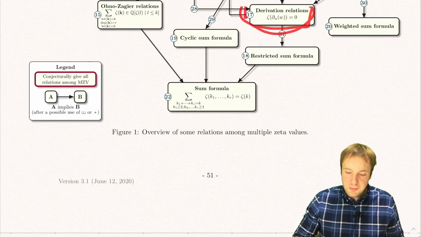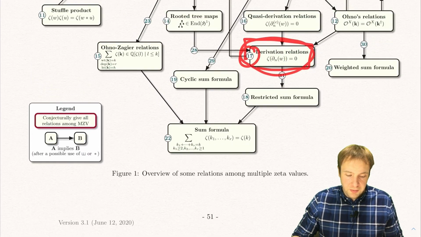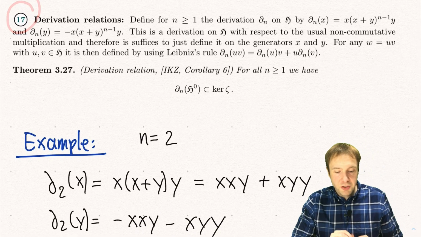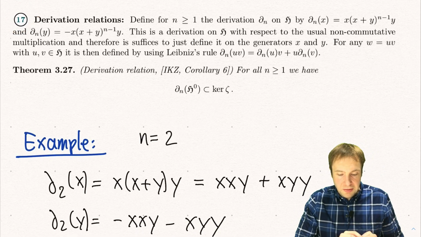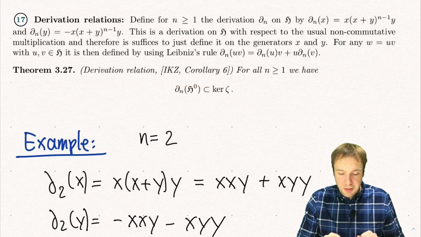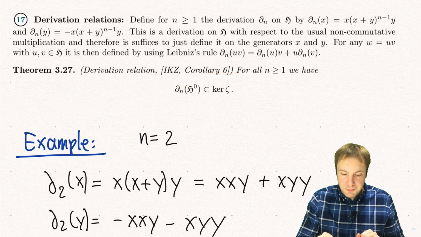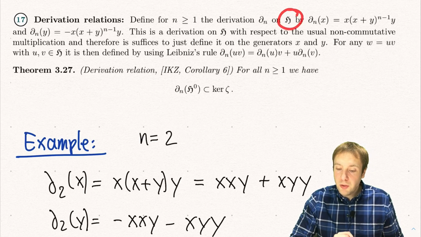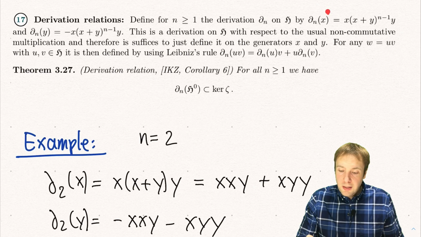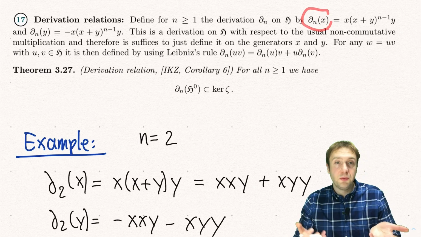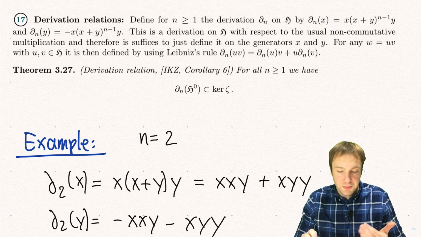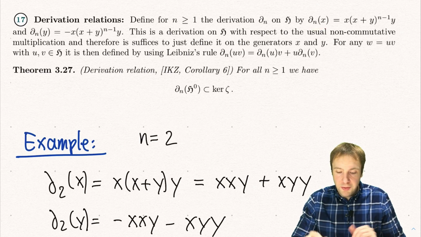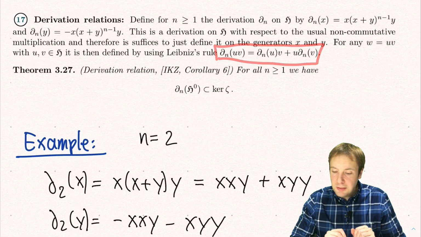As I said, in the lecture notes, for each of these points I give some explanation. For example, for this derivation relation, point number 17, this was first proven by Ihara, Kaneko and Zagier, and the statement is that we can define a derivation on the space H with respect to the concatenation product, and therefore we just need to define the derivation on the generators x and y, and the rest is then defined by using the Leibniz rule.